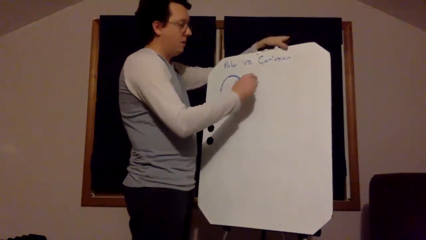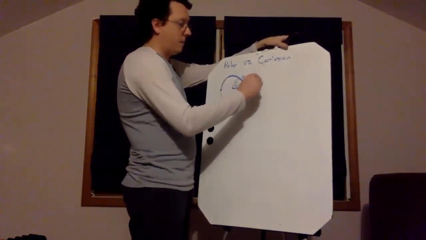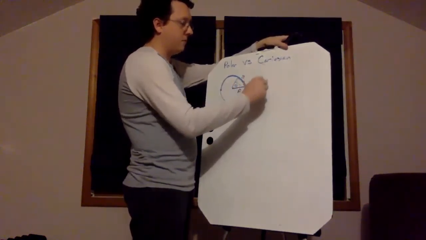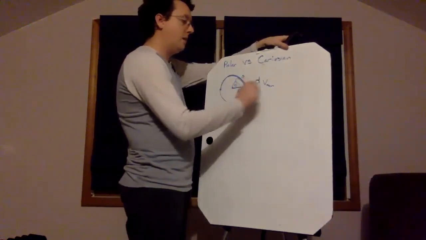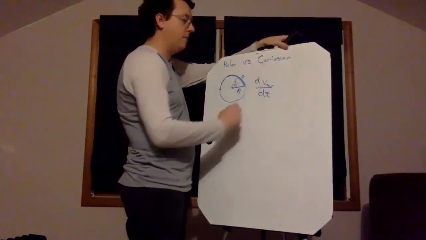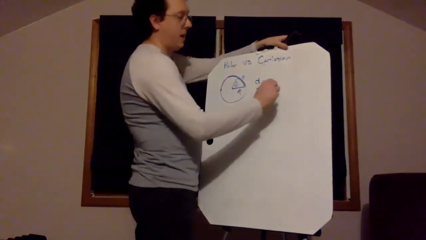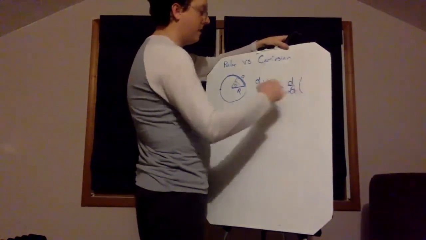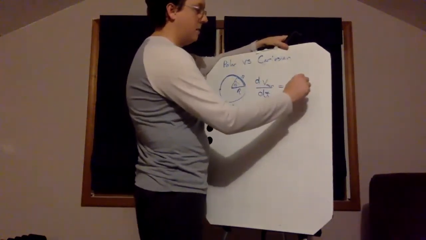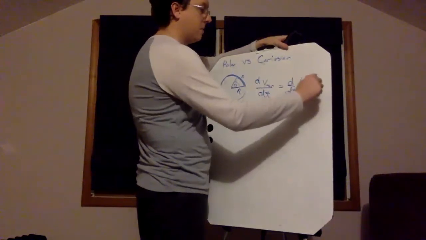So if we had a tangential velocity that was changing, we could take a derivative of it. And we just said that the tangential velocity was omega times r.